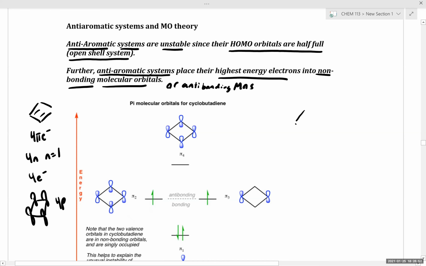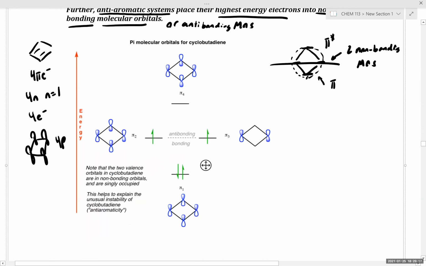Okay, applying our Frost circle once again, we generate 1, 2, 3, 4 molecular orbitals. So we have 1 antibonding, 1 bonding, and then 2 non-bonding molecular orbitals. Now, from our molecular orbital diagram, we then take our 4 pi electrons and we fill our molecular orbitals from lowest to highest energy.